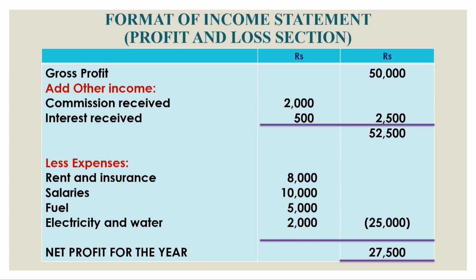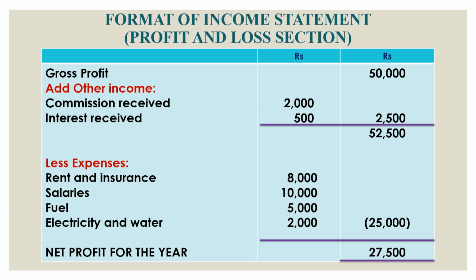After that, the business needs to deduct expenses. In this example, as expenses, the business has rent and insurance of 8,000 rupees, salaries 10,000 rupees, fuel 5,000 rupees, and electricity and water 2,000 rupees.